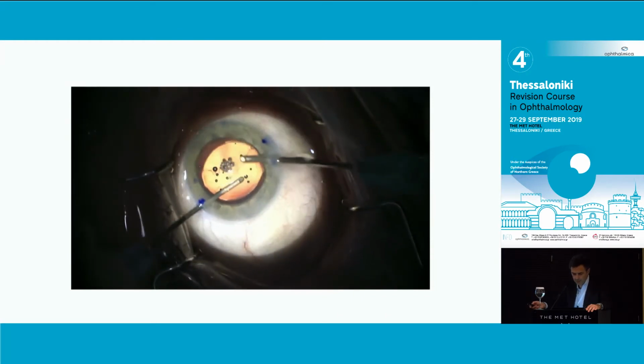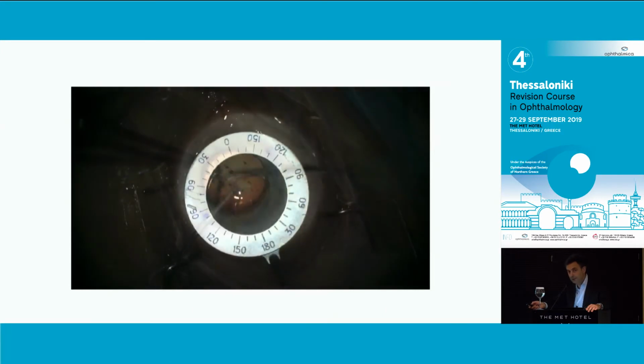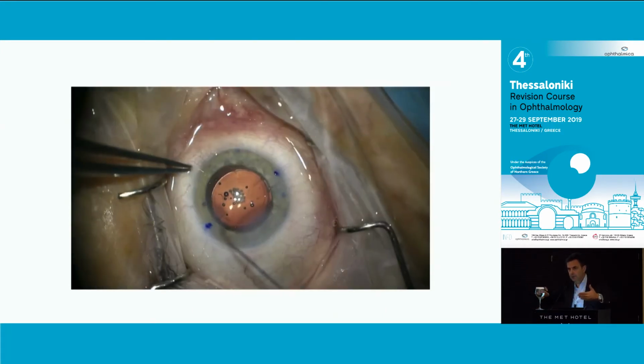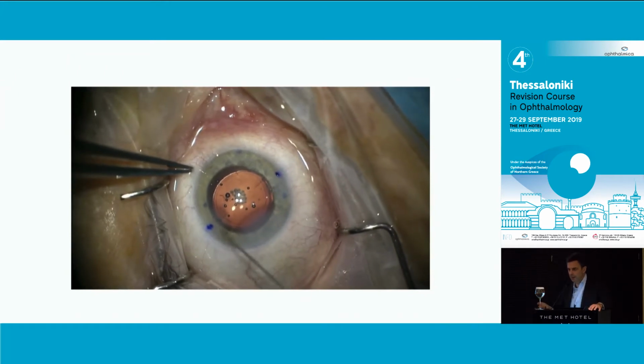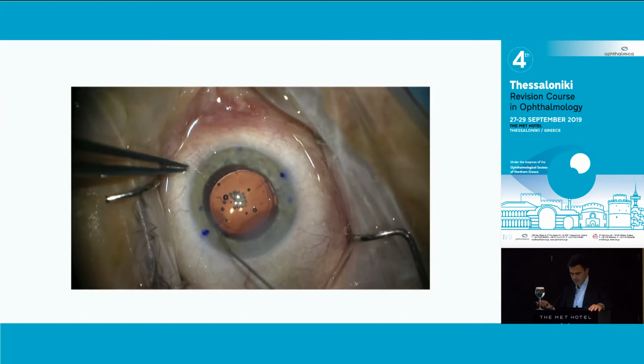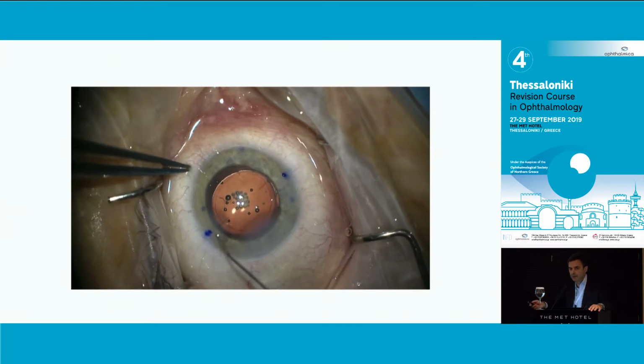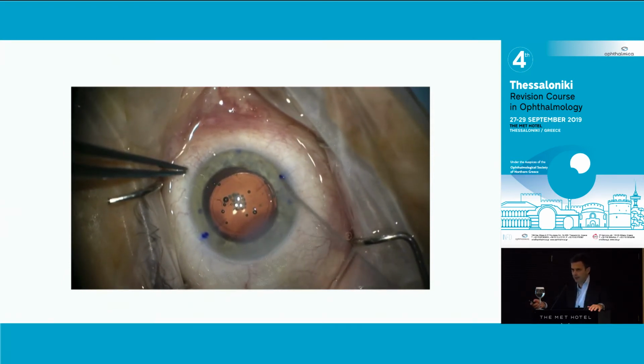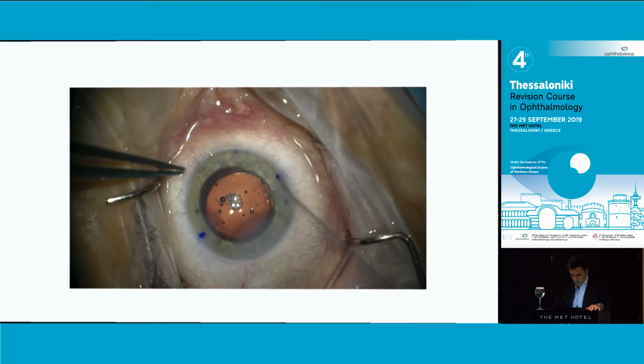So, there are advantages and disadvantages. And I quite like to use bimanual because then you can use opposite hand movement and the rotation is much faster than if you use a monomanual IA system. Make sure you remove your viscoelastic fully and then you do the final tuning of the positioning of the lens, because otherwise remnants of viscoelastic in the bag can make the lens tilt a little bit and move.